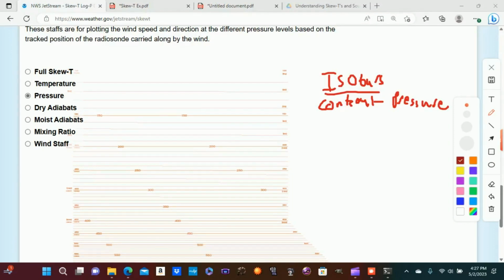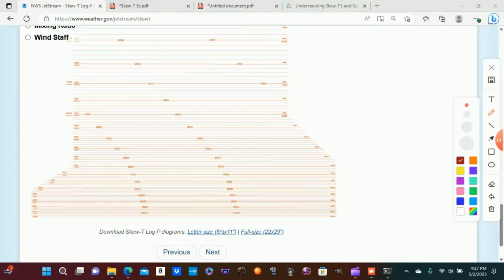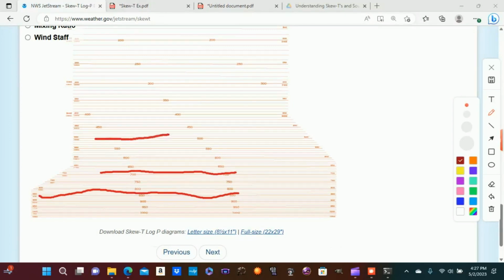I'll point out some of the most important isobars that you need to be concerned about, mainly on this channel. Those lines here are going to be 850 millibars, 700 millibars, 500 millibars, and 300 millibars.